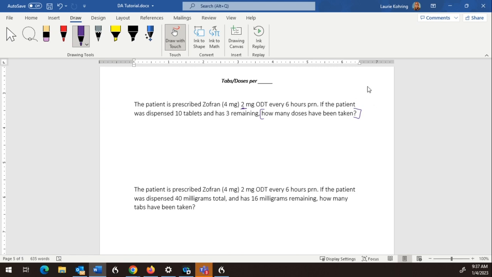So that means they took 7 tablets. So we have 7 tabs that were administered. So again, we're looking for how many doses were given. And then what's our stop unit?